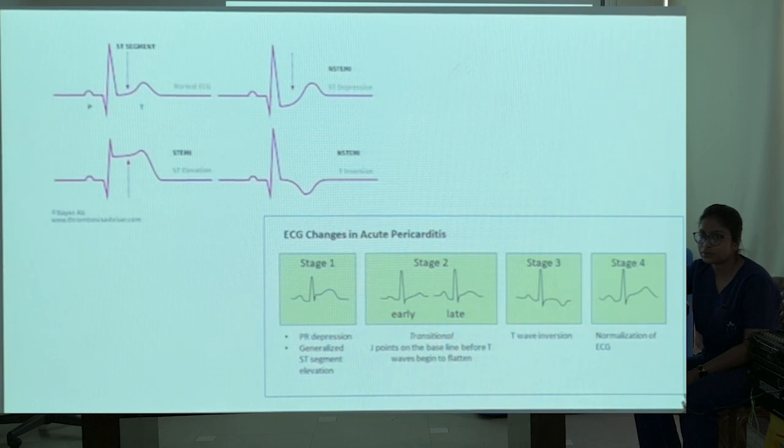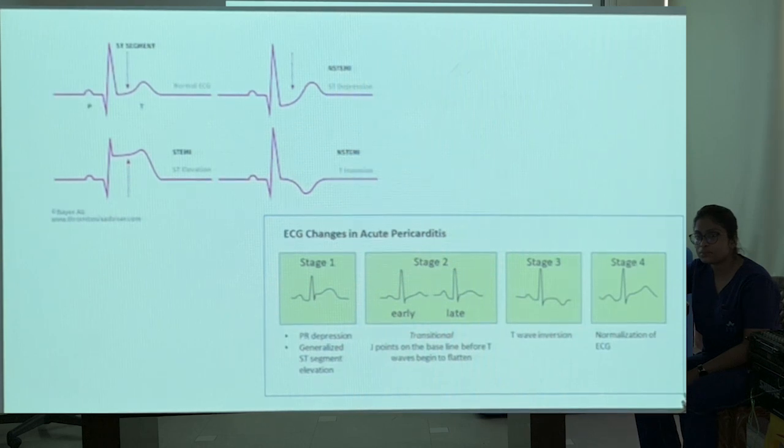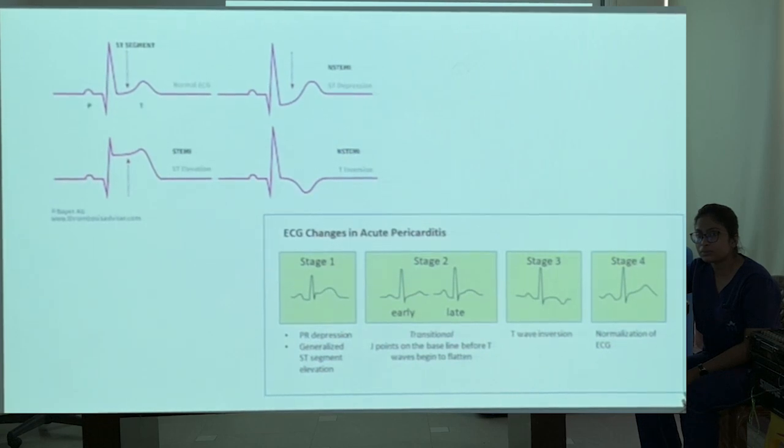So if it is an anterior wall, ST elevation of the anterior leads is basically due to the electrical window on the anterior wall, and the posterior wall ST vectors are being seen. So this is the possible explanation of ST elevation.